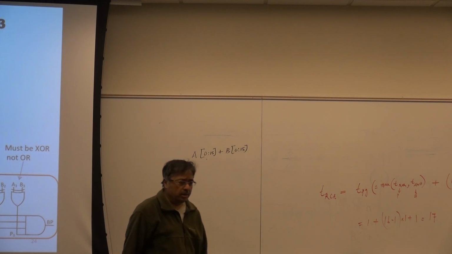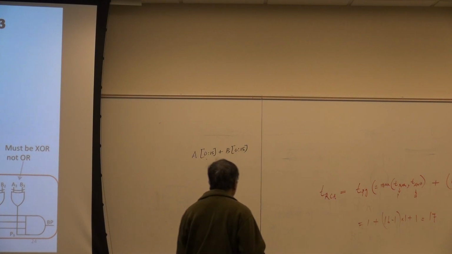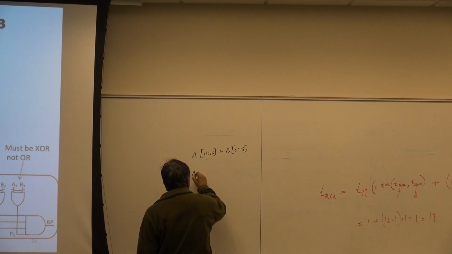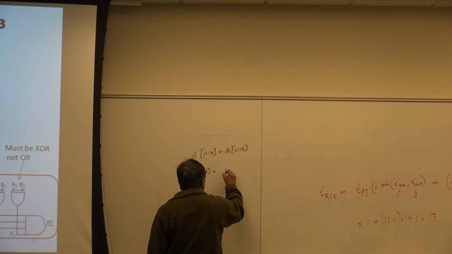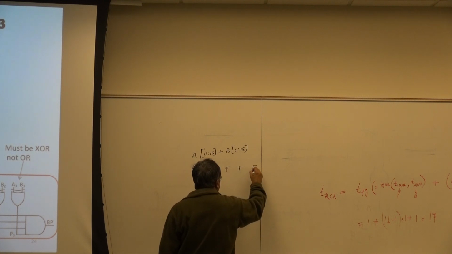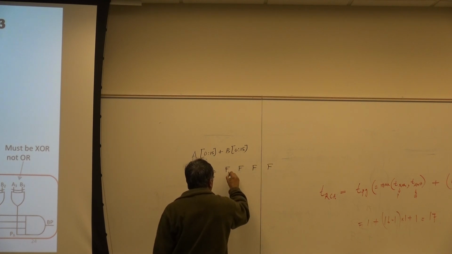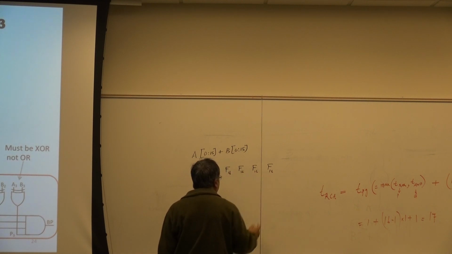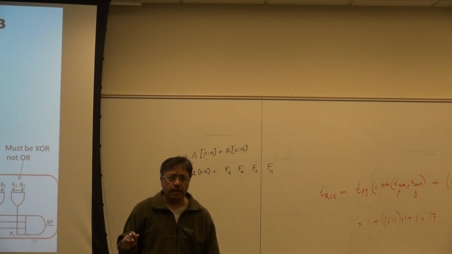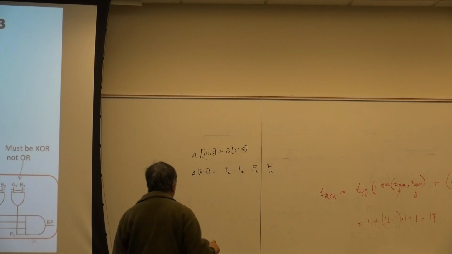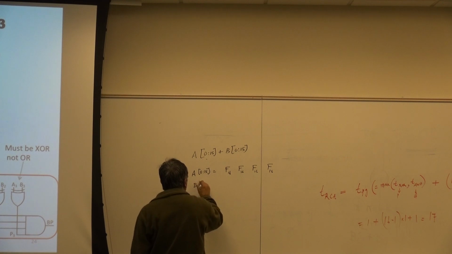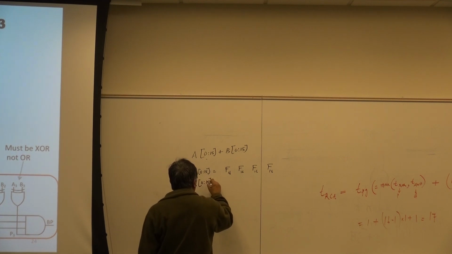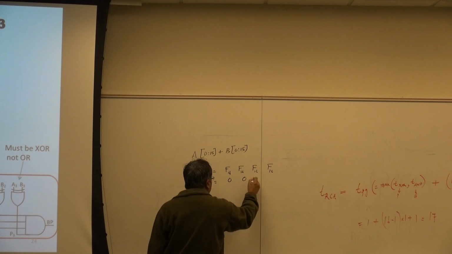So A and B are 16-bit numbers, and if A is equal to FFFF in hexadecimal, that means all the bits of A are 1, and B say 0000.